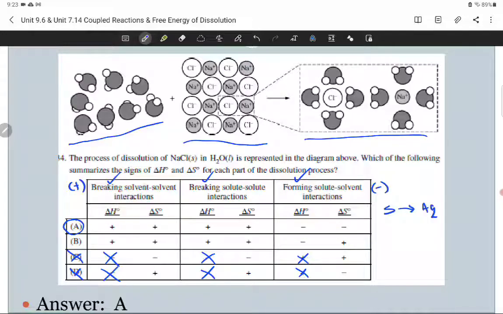If we break something up, that should give you a delta S positive, making things more disorderly. If you break something up, again, that should make it more disorderly. And if you form something, that should make it more orderly. So I guess that's why we got answer A. We didn't really get to look at the overall because none of these columns deal with the overall reaction.